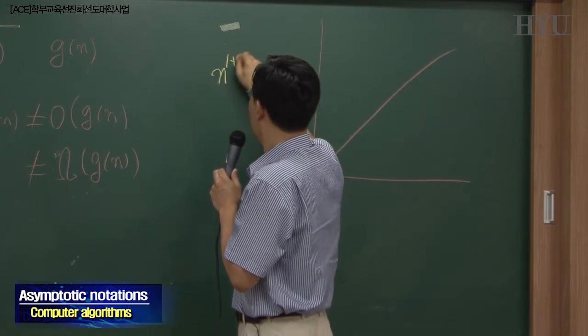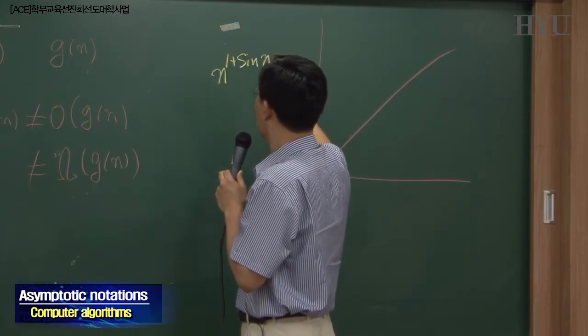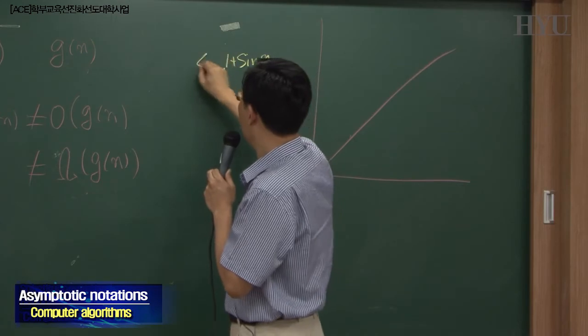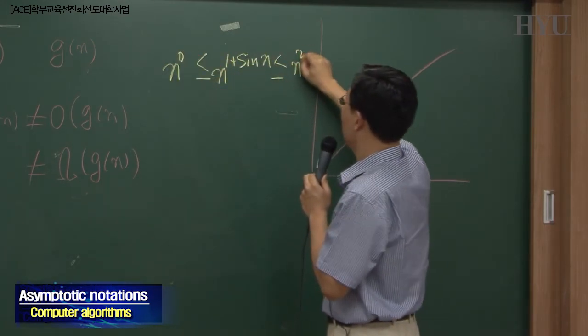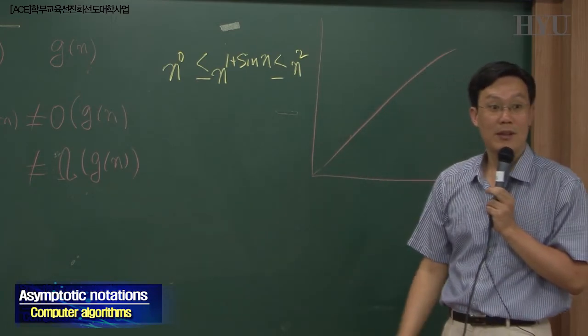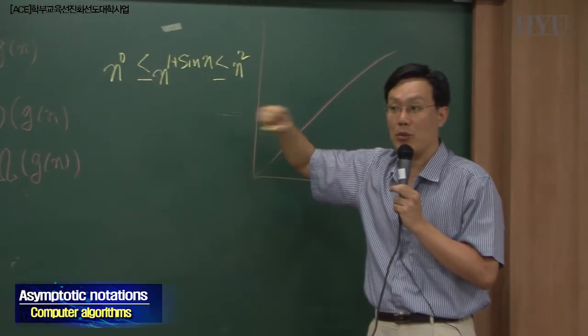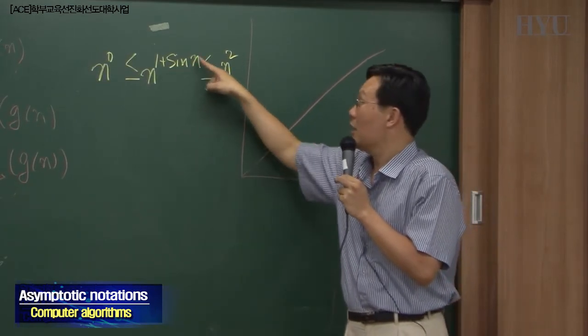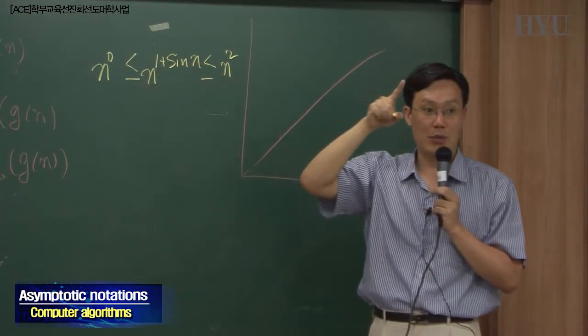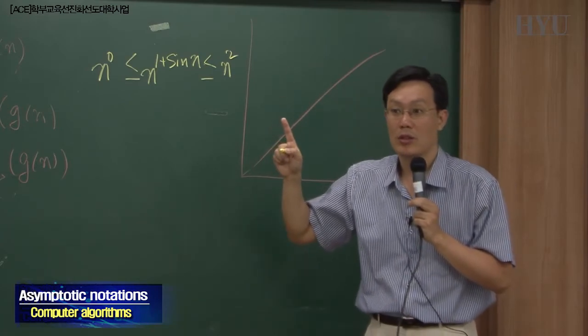Look at this, n to the sine n is between n to the 0 and n squared, right? Because sine n oscillates between -1 and 1, this 1 plus sine n oscillates between 0 and 2.